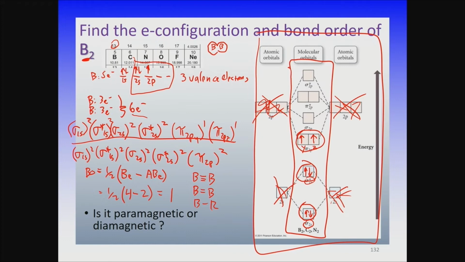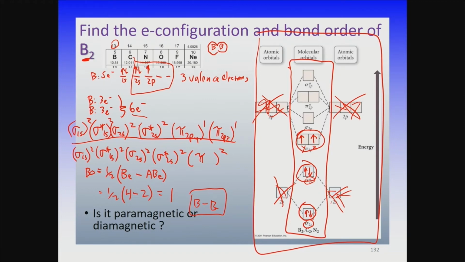When you see a bond order of 1, that indicates that when the B2 molecule forms in those unusual conditions where it does, you can expect there's only going to be 1 bond between the 2 boron atoms. And if you have 1 bond there, you would expect only 2 electrons to be found in that bond between the 2 boron atoms. Okay, the final question: is this B2 molecule paramagnetic or diamagnetic?